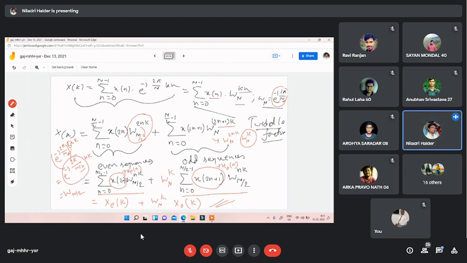Okay. So why I did that? I just want to make you understand. Whenever you are splitting one sequence into two parts, one extra term comes. That term takes a very important operation or relation over the algorithm FFT.